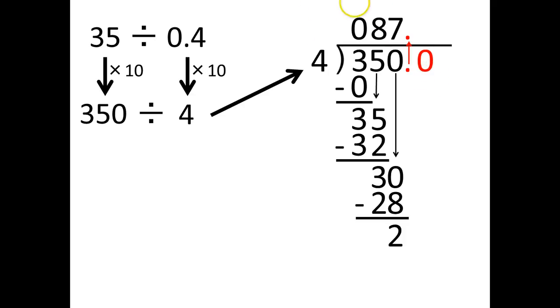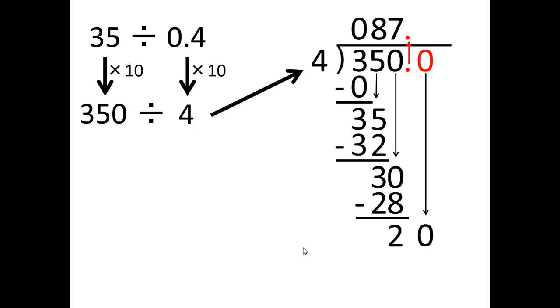Okay. So after we've finished until there, now we can bring down this 0 to continue the long division process. So now we have 20. And then I ask myself, well, how many 4s can fit into 20? Or, 20 can be divided by 4 equally how many times?